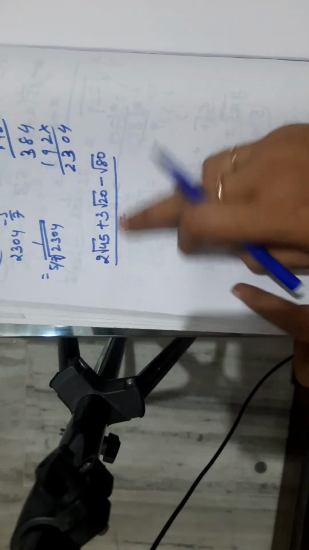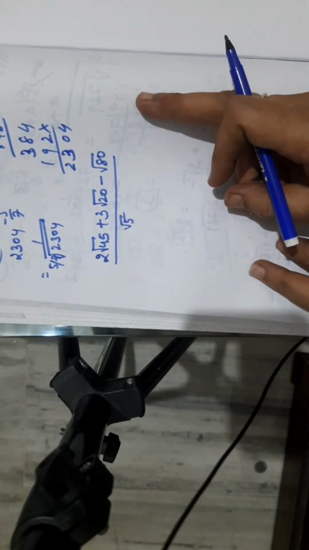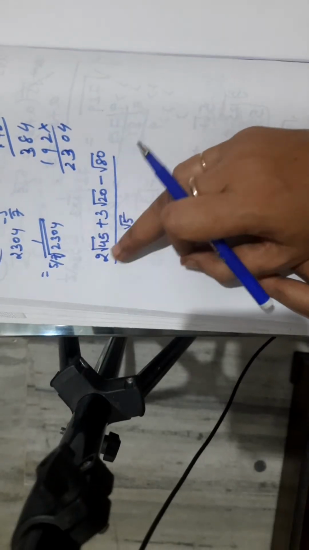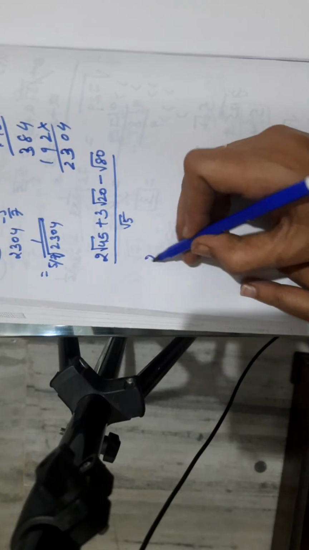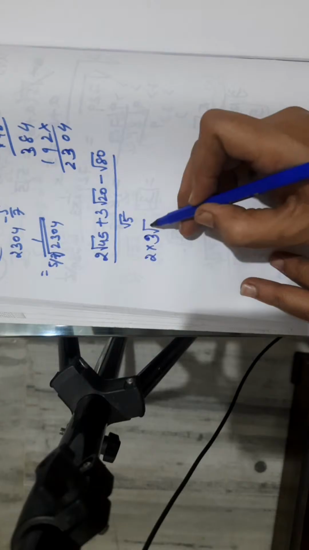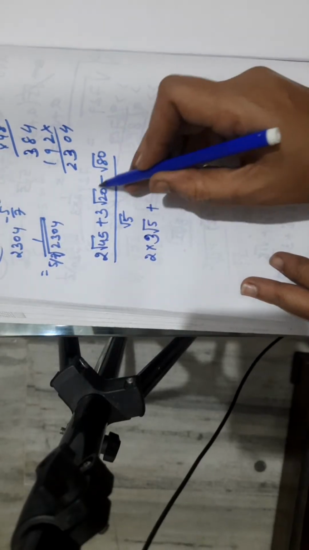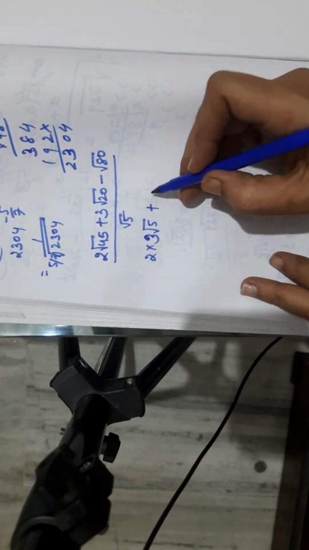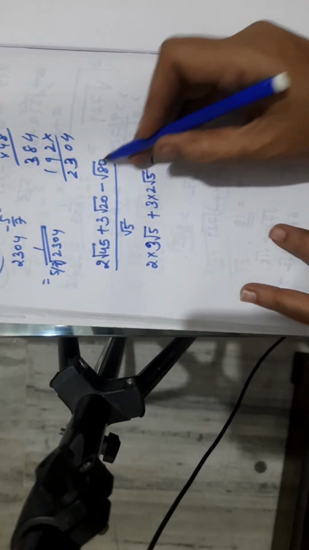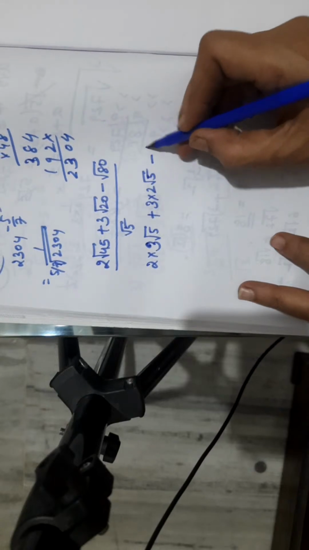So first we will split the numbers. Here it is 45. 45 you can write as 9 fives are 45. 2 multiplied by 9 means 3 will come out of the root: 3 root 5. Here 20 is there. 4 fives are 20, so 2 will come out of the root. 80 is 16 fives are 80, so 4 will come.